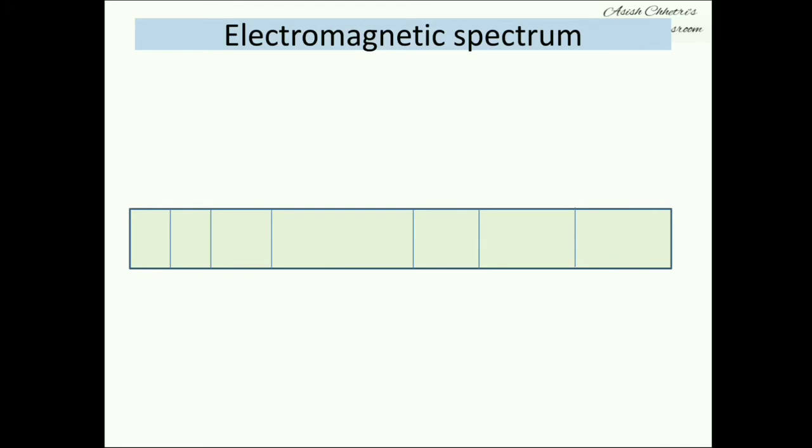Now I have made 7 compartments. In these compartments, first I have written radio wave, second is microwave, third is infrared, fourth is visible radiation, then ultraviolet radiation, then X-ray, then gamma ray.